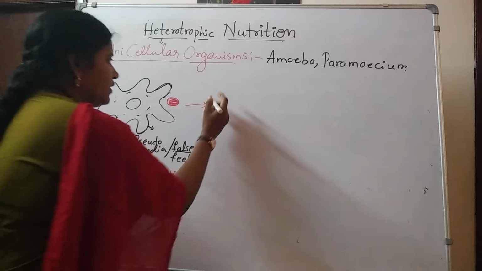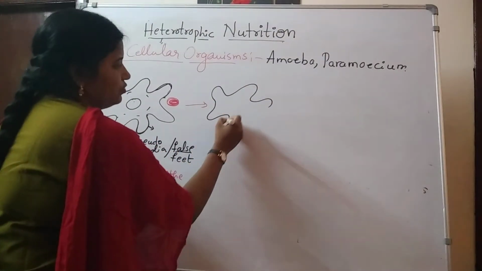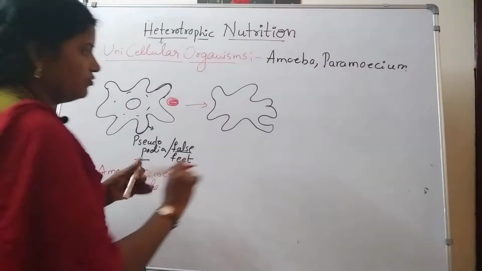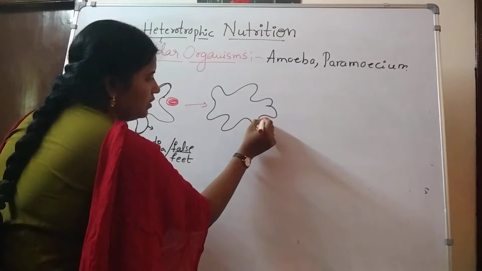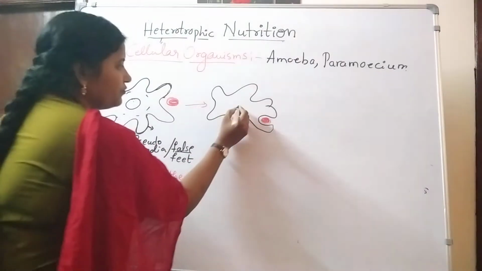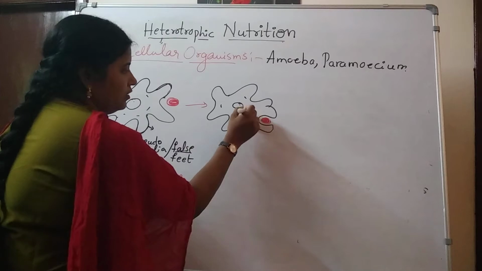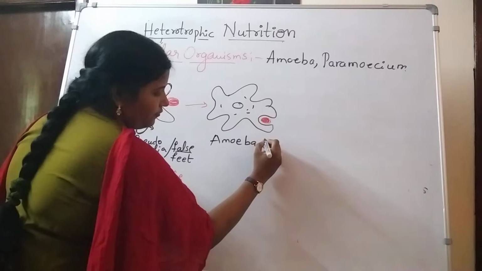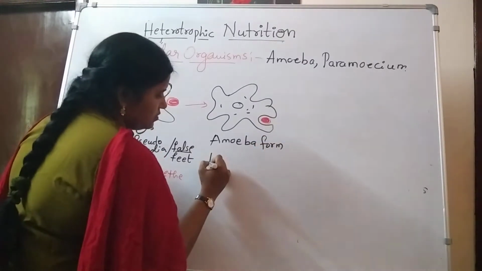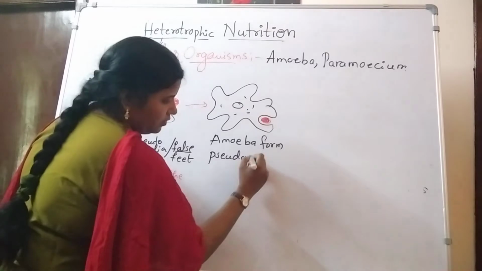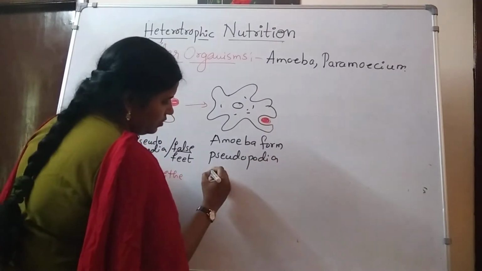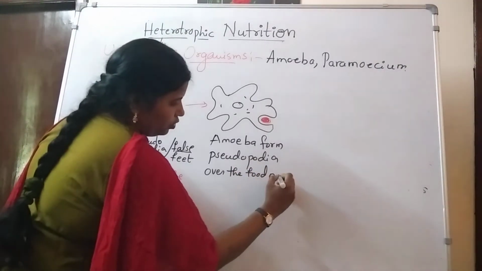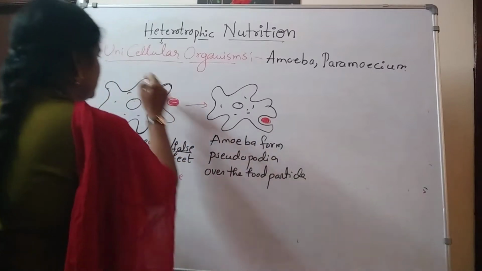In the second step this amoeba is going to fuse over the food particle. So amoeba forms pseudopodia over the food particle, okay. This is the first step.